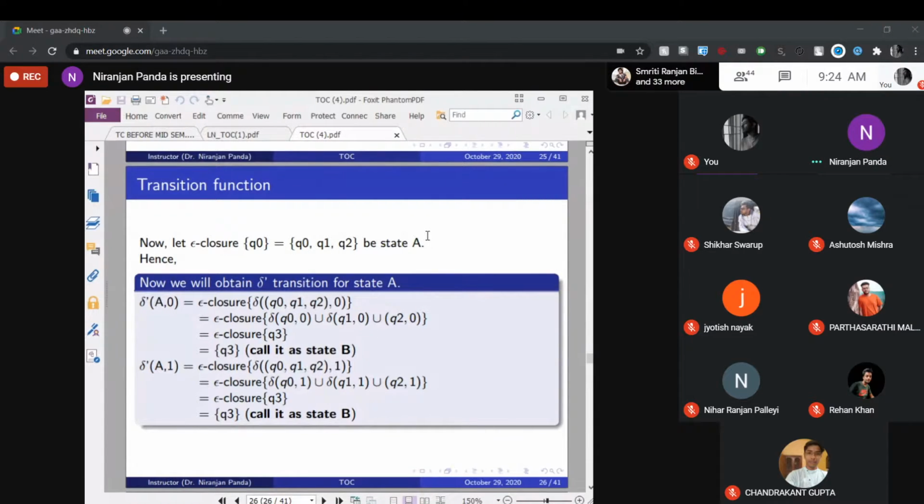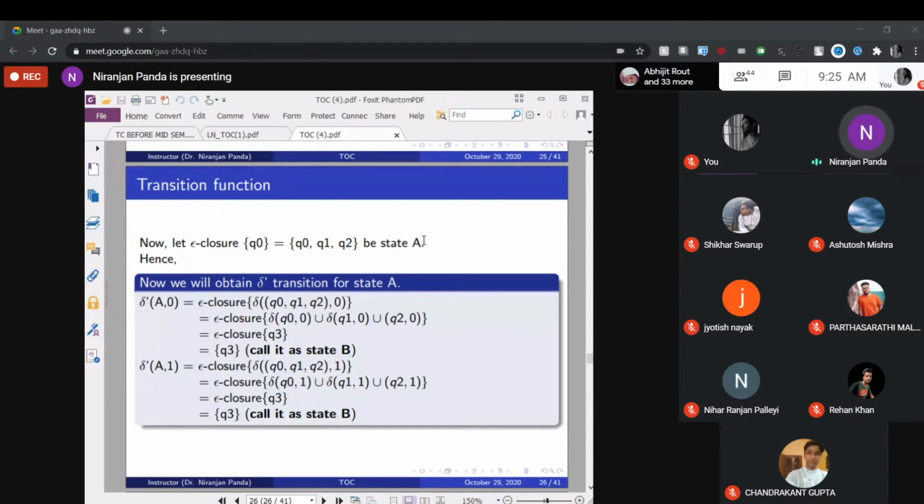For convenience, I'm renaming it as A. We used this renaming concept two classes before. I am renaming it to show that Q0, Q1, Q2 is a single state in the DFA, but in the NFA these are different. Now I have a new state A, the initial state of the DFA.